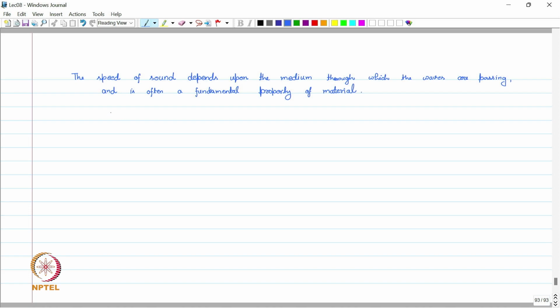Hence, the speed of sound changes with ambient temperature.